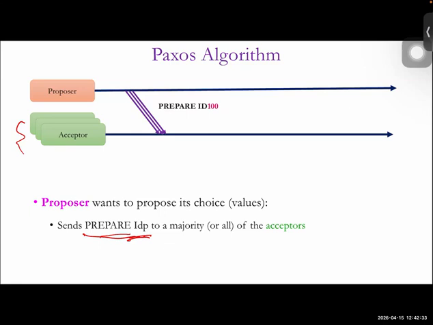Then the quorum, if there are n acceptors, must be at least n/2 + 1 acceptors.